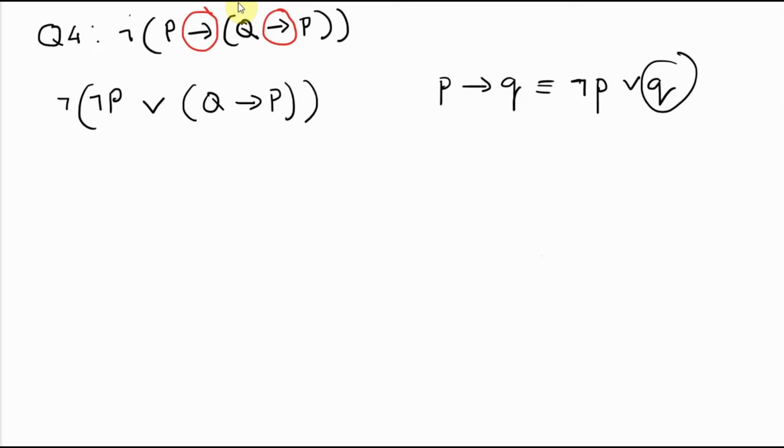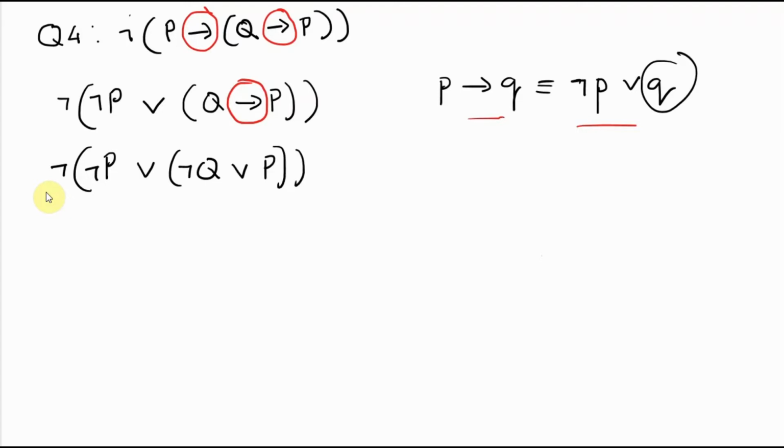Now we have to convert this logical implication into something simple using the same identity that we used here: P implies Q equals not P or Q. So once again, not of not P or not Q or P. Here P remains the same, it doesn't change, because Q here is not changing.